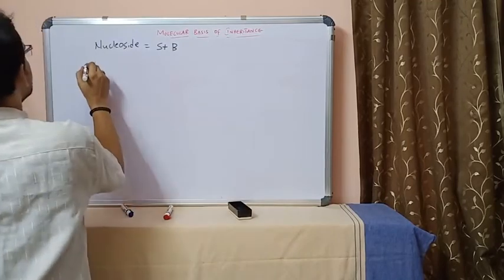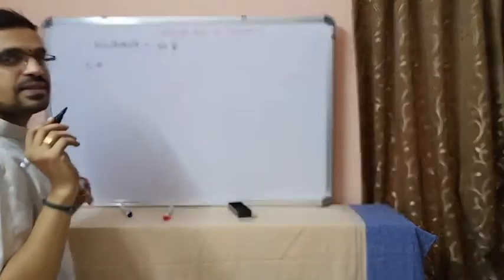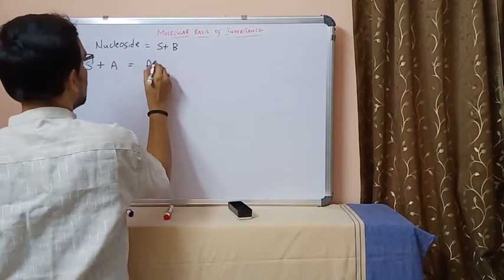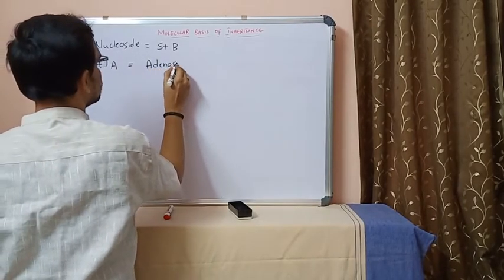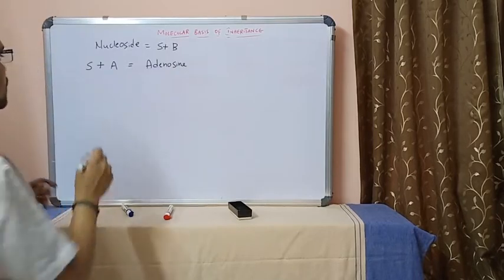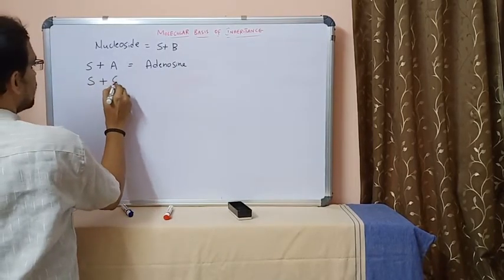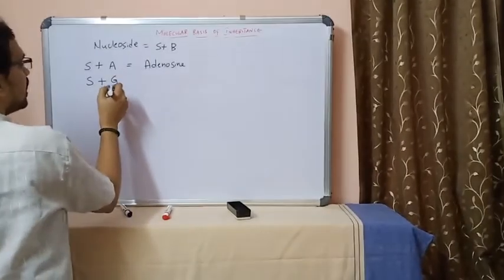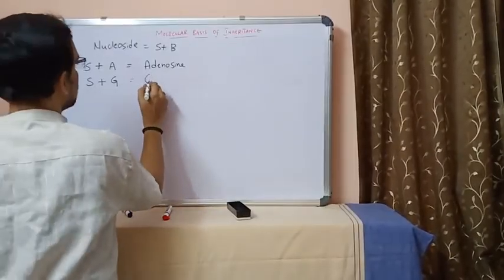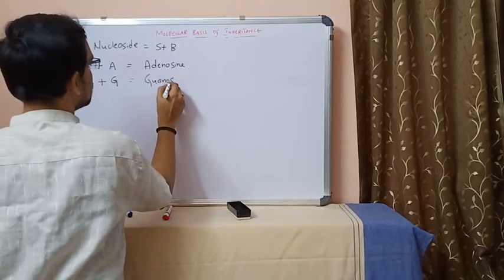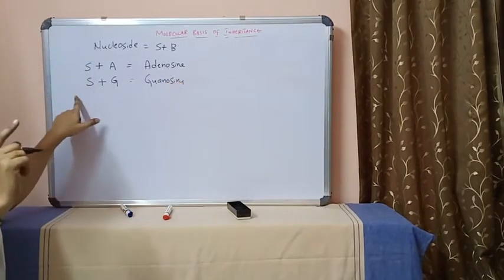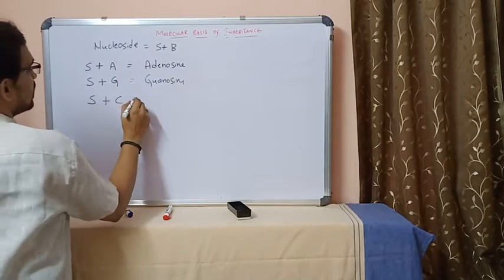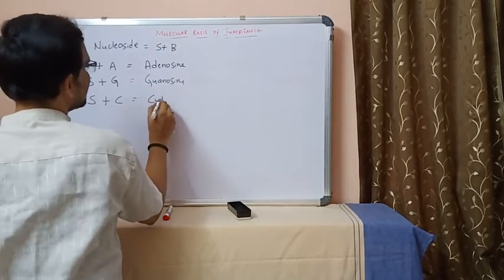So sugar plus, if the base is adenine, then it is called adenosine. Next, sugar plus guanine is a nucleoside called guanosine. If the cytosine is attached to the sugar, it is called cytidine.